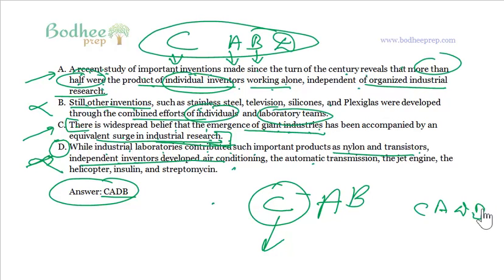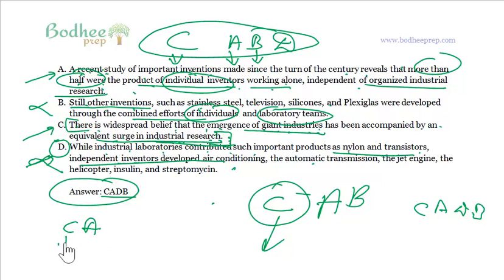So we start the paragraph by saying that there is a widespread belief that the emergence of giant industries has been accompanied by an equivalent surge in research. A recent study of important inventions made since the turn of the century reveals more than half were the product of individual inventors. Right? So you have C and A.